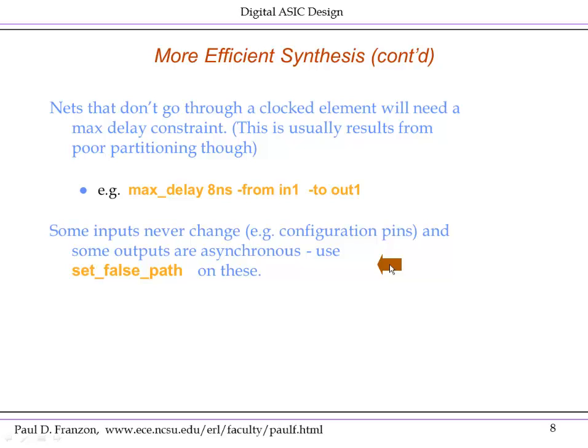And again, reset is actually one of these. And if it turns out that one of these paths is actually entering your critical path, then you can actually benefit from telling the synthesis tool that this is not a synchronous path, it's an asynchronous path. And you can do that using this set false path command. And again, I'll have to leave the details to you in the documentation if you choose to do it.